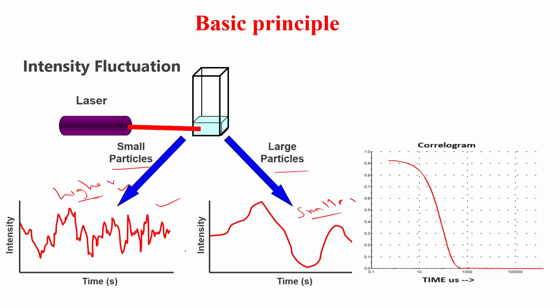Now this intensity versus time graph will be converted to the correlogram.